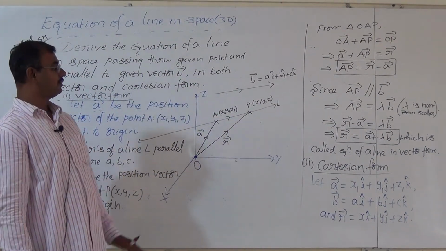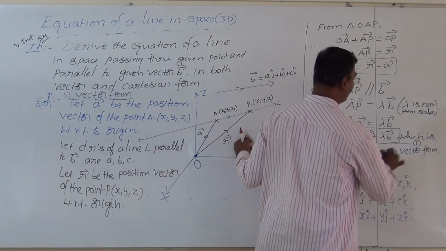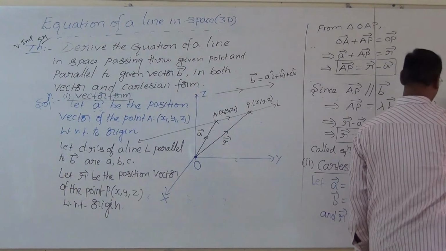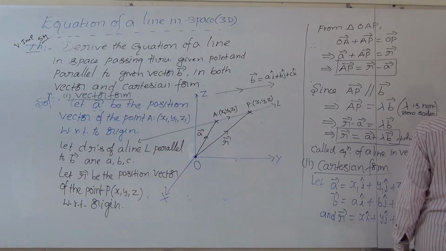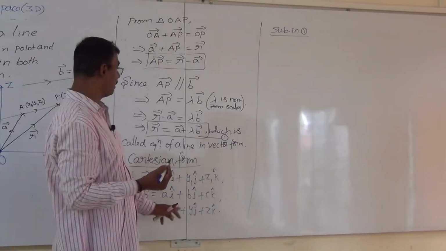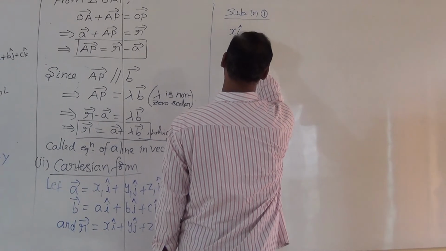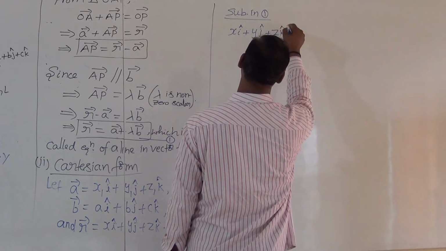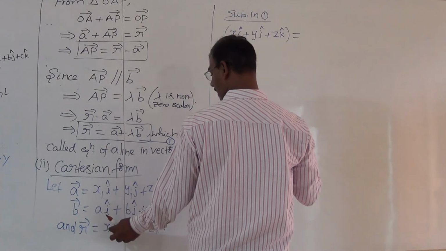Now these values we substitute in the first equation. Let us take this as equation number 1. Substitute in equation 1. Substitute here, r bar is equal to what? x i cap plus y j cap plus z k cap is equal to the a vector.